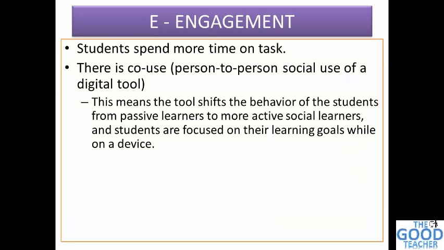Okay, so this means that the tool shapes the behavior of the students from passive learners to more active social learners. Okay, and students are focused on their learning goals while on the device.